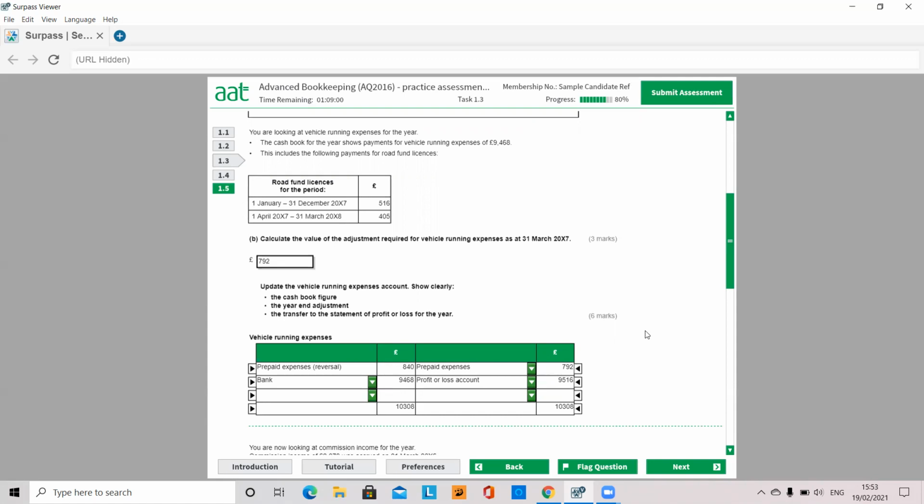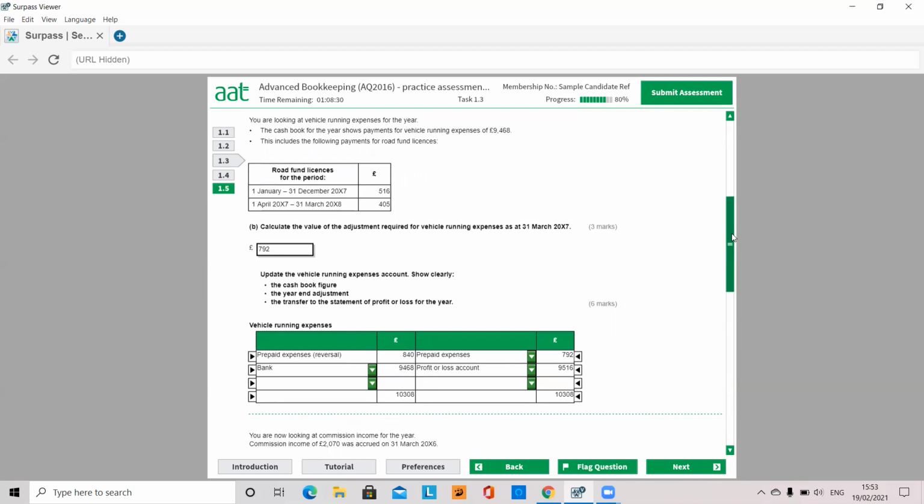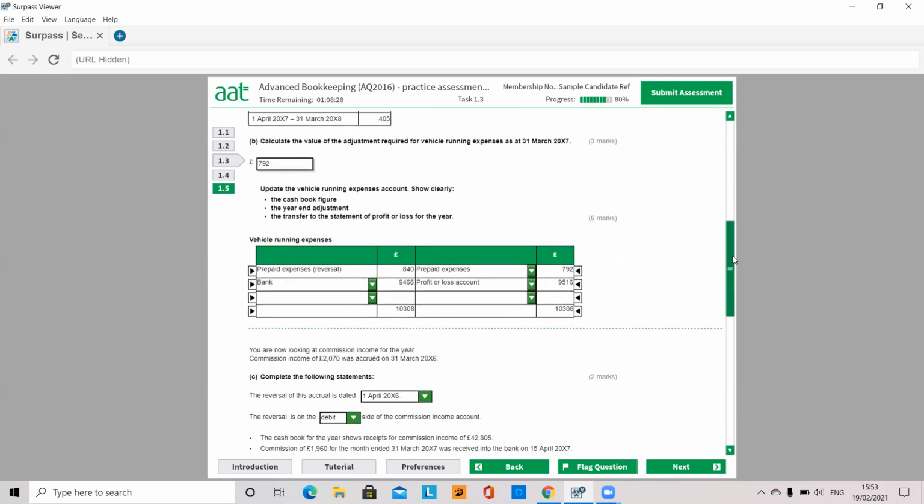So what you're going to do in the next year is close that prepayment on the 1st of April 2007, and you're going to credit the prepayment and then debit the expense, and then you start all over again. So here you would have prepaid expenses on 1st of April 2007 for 792, and then you start all over again. Students do tend to struggle with that reversal, so I've got loads of example questions to do with accruals and prepayments, so I'm quite happy to send them to you.